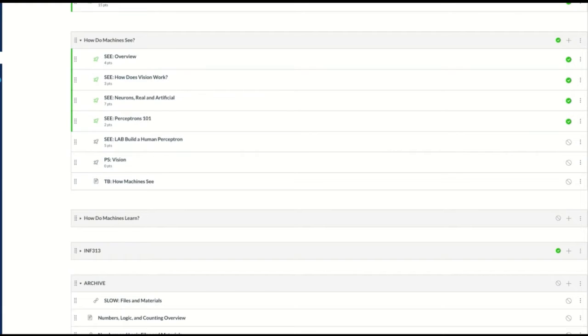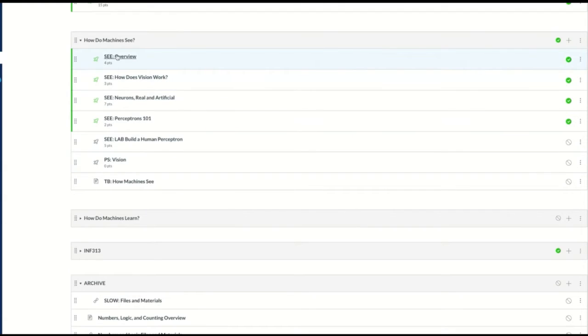We want to end up at the end of the perceptron session with a sense of what a perceptron is, and then I'll highlight what we'll do in the session tomorrow in terms of trying to build one among ourselves.